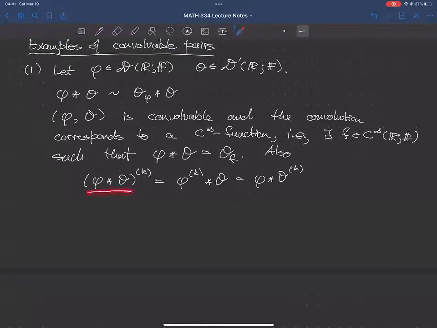This is an infinitely differentiable function, so I can differentiate it k times. This is an infinitely differentiable function, so I can differentiate it k times. And distributions are always, in the appropriate sense, infinitely differentiable. All right. So there's a class of convolvable distributions.